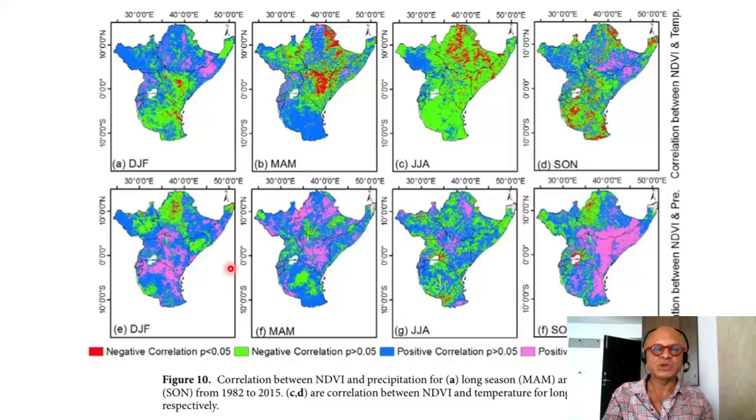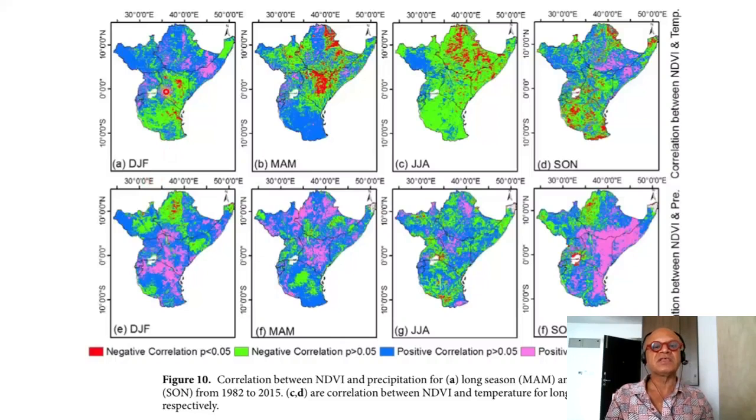This is just showing a correlation of NDVI and precipitation for different seasons. As we said, the long season during MAM and short season during SON. And I just wanted to say again that precipitation correlations and temperature correlations are not always positive.